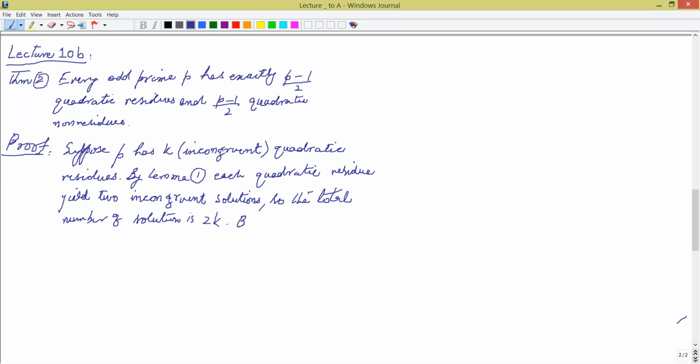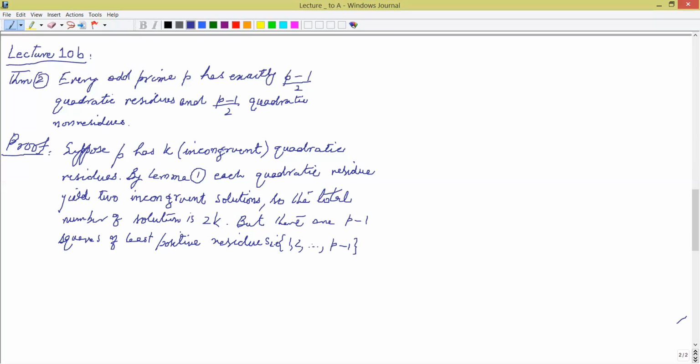But we know that there are p minus 1 non-zero integers, or squares of least positive residues: 1, 2, till p minus 1.